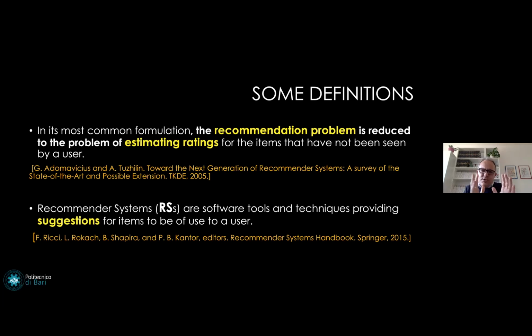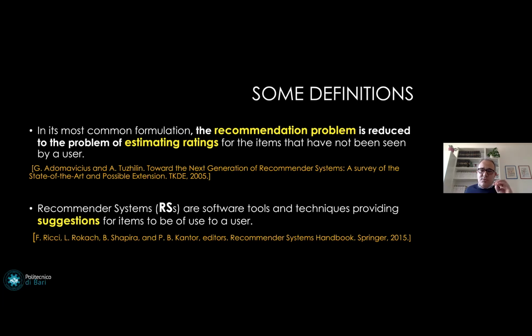Here the focus is on rating prediction, but the second definition is more general, and the notion of utility is introduced. Recommender systems are software tools and techniques providing suggestions for items to be of use to a user.